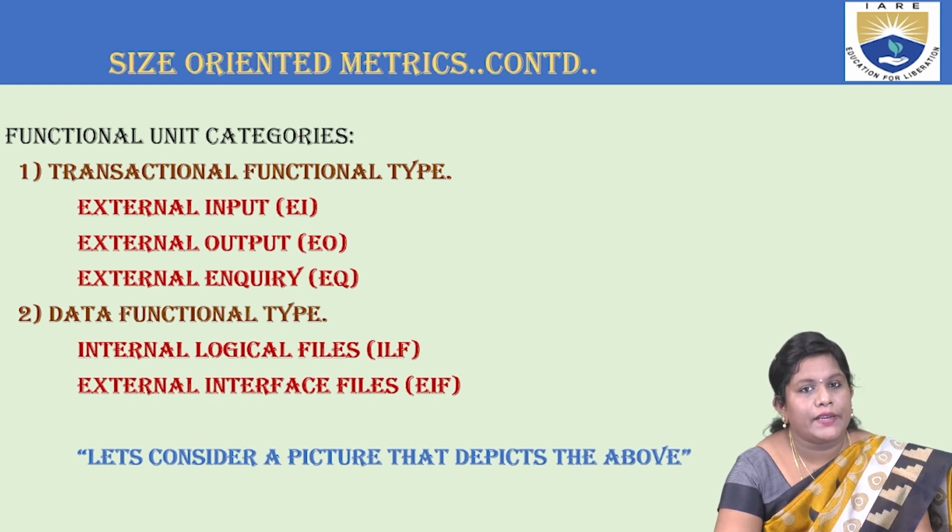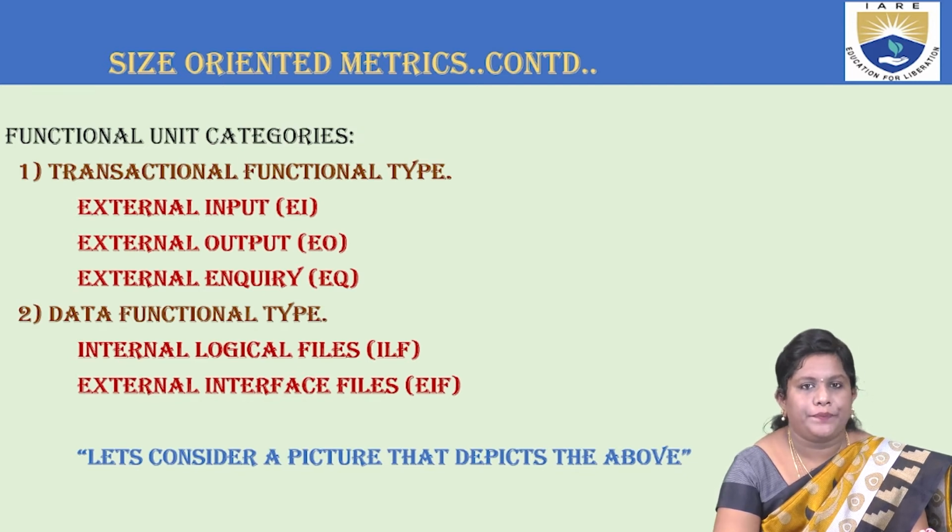Coming to EIF, that is external interface files, the user is trying to interact to know what is happening within the system, and is trying to get involved with the system in an external way. That is external interface files.